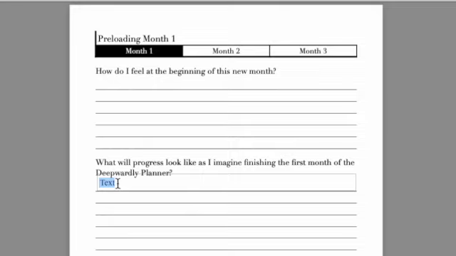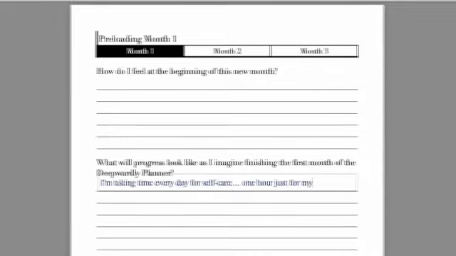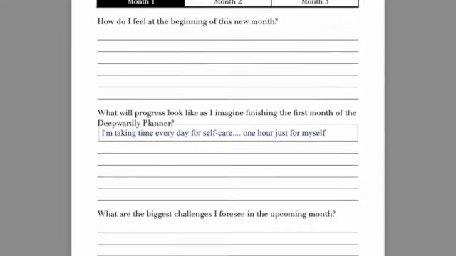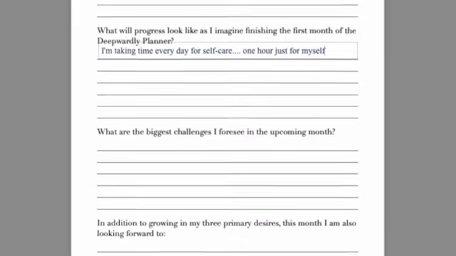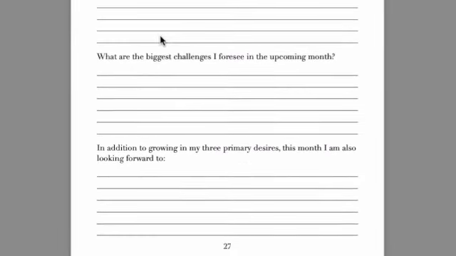Well, maybe what progress would look like would be that I'm taking time every day for self-care. Maybe I'm even more specific and say every day I'll take 1 hour just for myself. But being specific about what that progress and growth will look like is important.